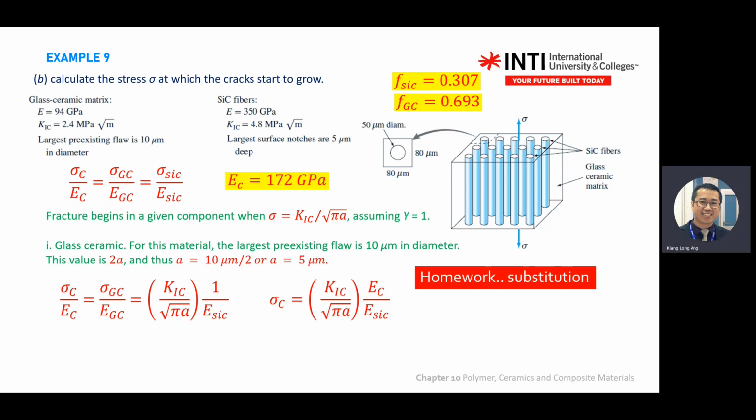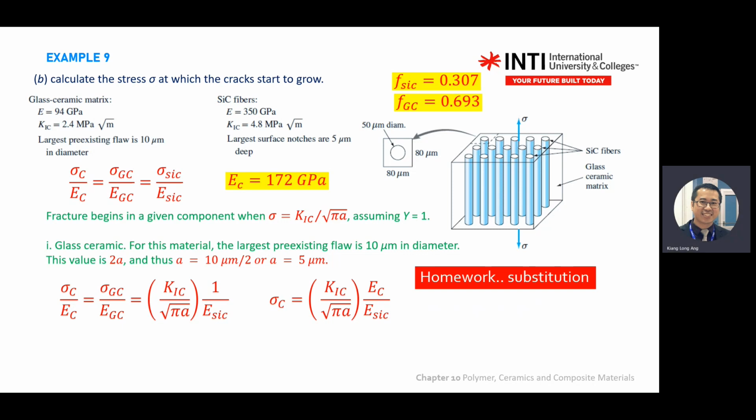It tells you in diameter, so it's an internal flaw. It's 2A. So basically, the A value is the same. You can see, one is the free-axis flaw in diameter with 2A. You divide by 2, you get 5.